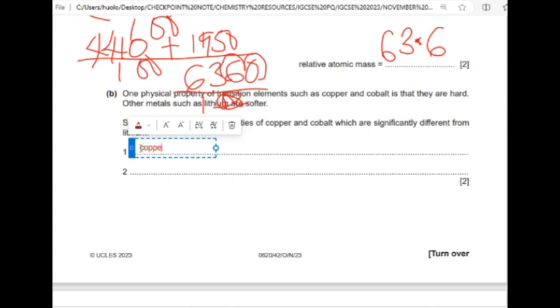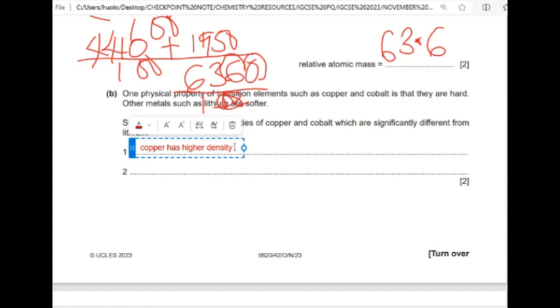Copper has higher density. Just telling us high density does not make sense; you want to show the comparison.